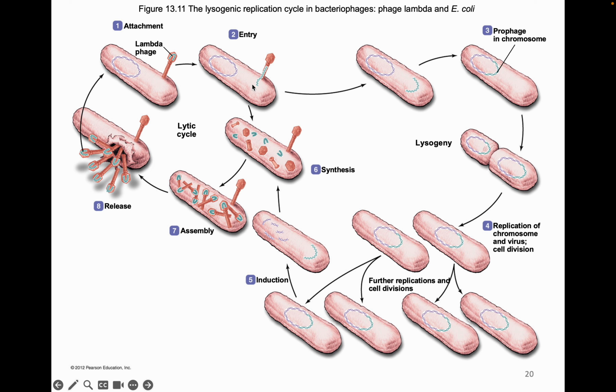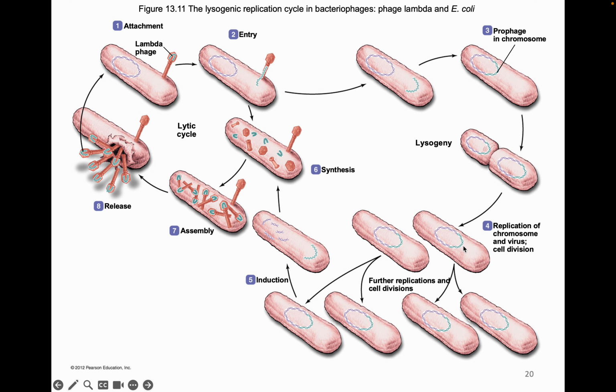attachment, entry of the DNA, and both the bacterial cell and the viral genome combine, right? So now there's just one chromosome. The bacterial cell is allowed to continue and divide, replicating and spreading the viral DNA throughout daughter cells.